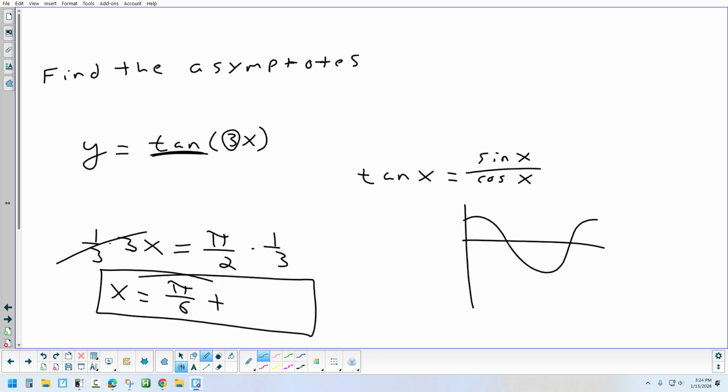Yep, pi over b. And what's b in this case? Yep, 3. That is the period. So the first asymptote has been squished to pi over 6, and that's going to repeat every pi over 3, every multiple. That's how you find your asymptotes.